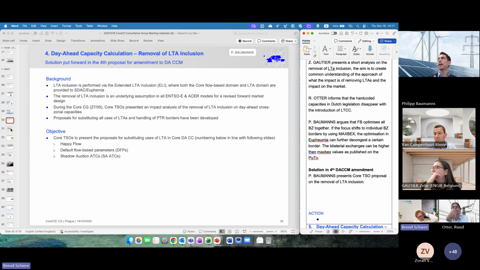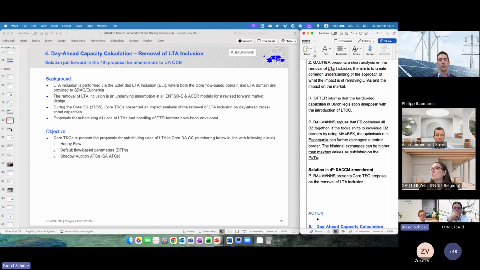So what happens in the happy flow? Today, we make use of the extended LTA approach, so the ELI approach and the LTAs for the default flow-based parameters. Whilst the name default flow-based parameter suggests that it's flow-based parameters, it's ATCs in the end, so it's the LTAs that are behind that. And with ELI in place, we can just send an empty flow-based domain with the LTAs, the LTA domain, and have this as default flow-based parameters.